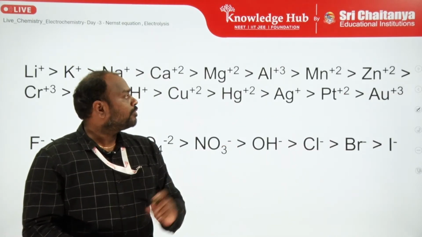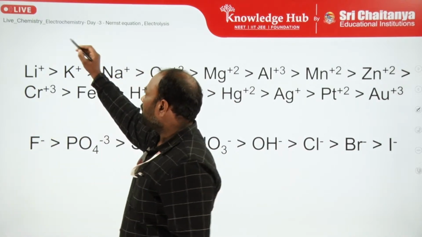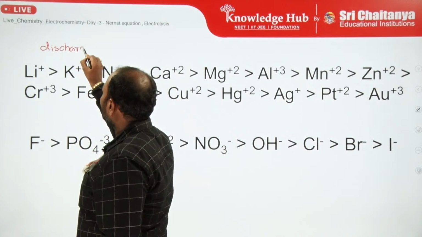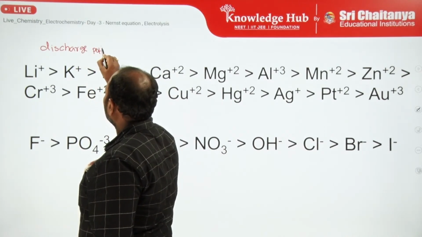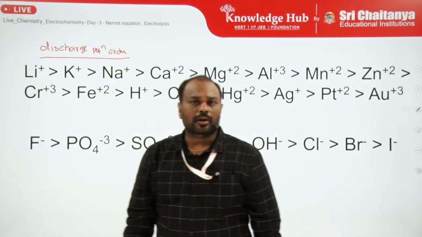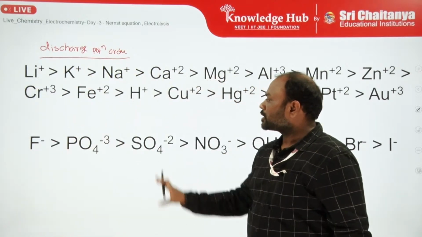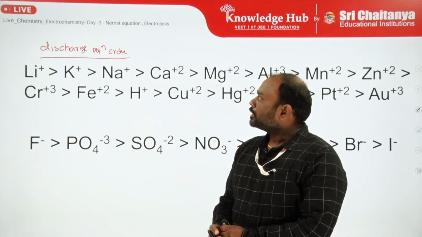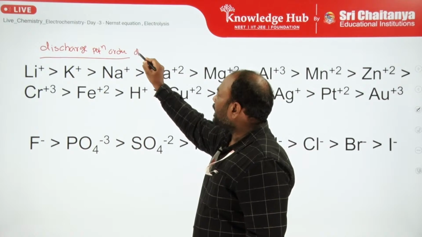To overcome this doubt, we use the discharge potential order. This is the order of discharge potential of cations, and this is the discharge potential order of anions.